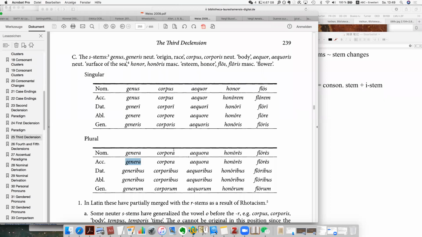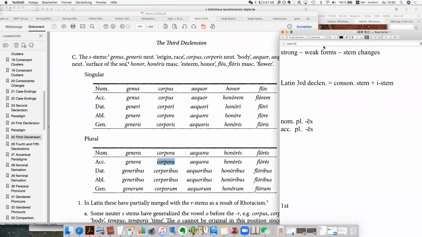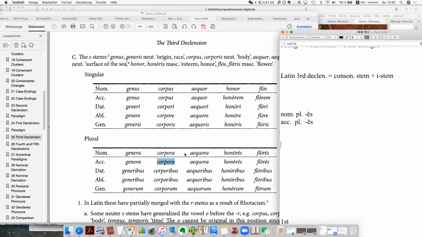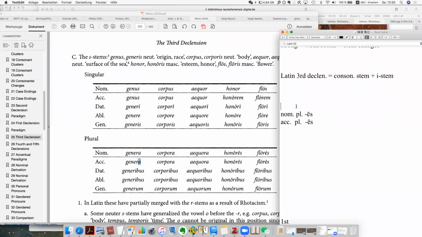This is neuter, corpora, this is also neuter, and aequora, the surface of the sea, from the word for water. As we have already seen, it comes from the consonant stem, and this R. So this is basically for the masculine.